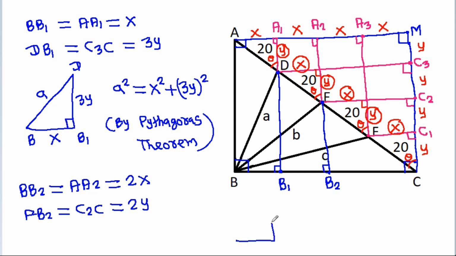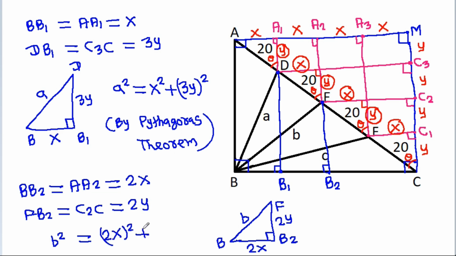So in triangle BFB2, BF is b, this angle is 90 degrees, BB2 is 2X, and FB2 is 2Y. So b² will be equal to (2X)² + (2Y)².